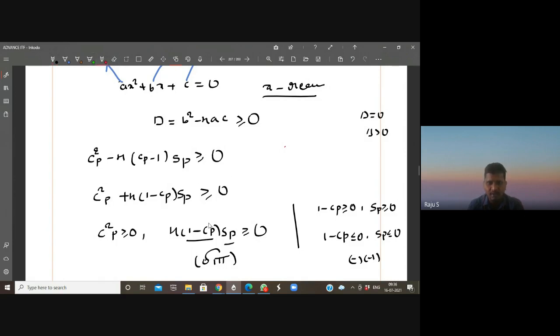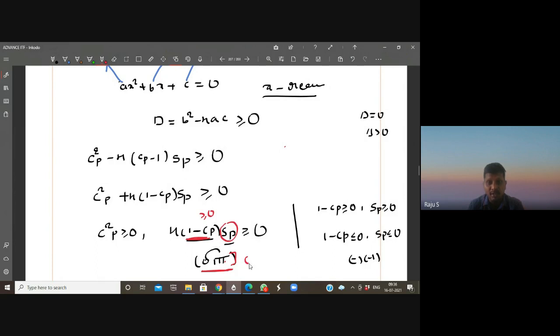Sin p is clearly positive from 0 to pi. Now we just need to check this value, whether it is positive or not. So clearly from 0 to pi, 1 minus cos p is always greater than or equal to 0.